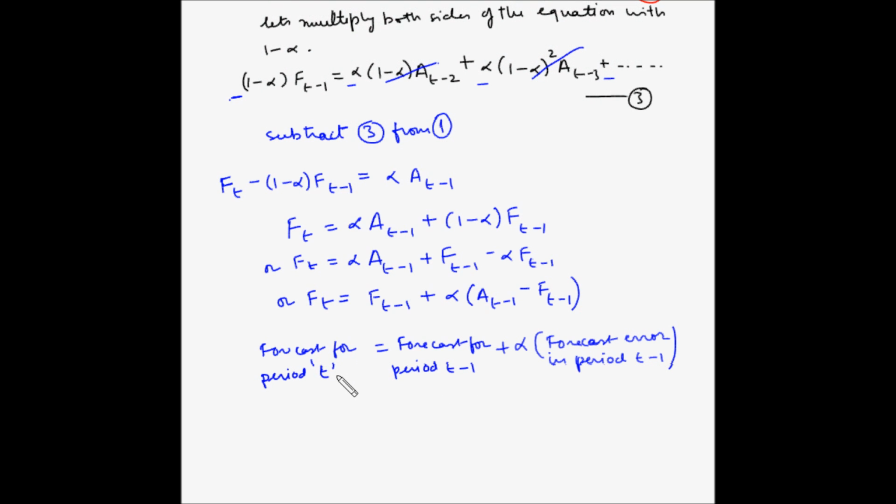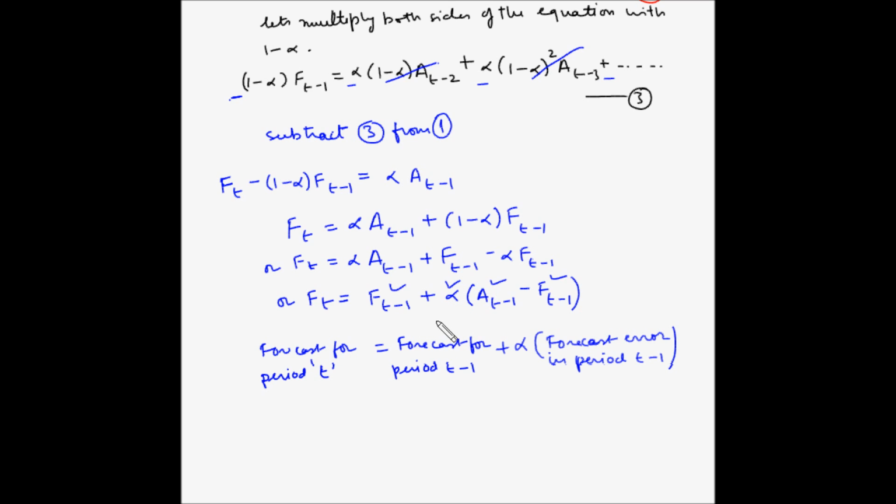So as you can see, in order to use the exponential smoothing method to find a forecast, all you need is three things: the most recent forecast, the actual demand that occurred in that forecasted period, and the smoothing constant.